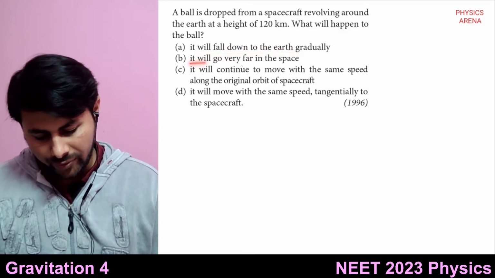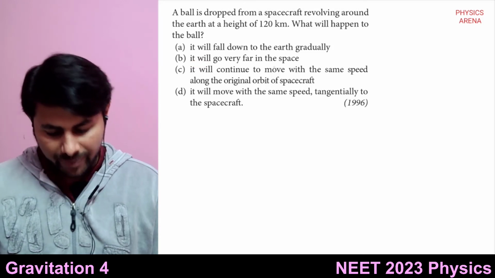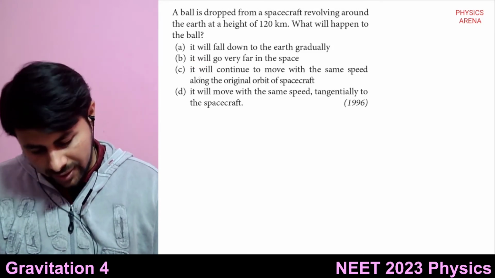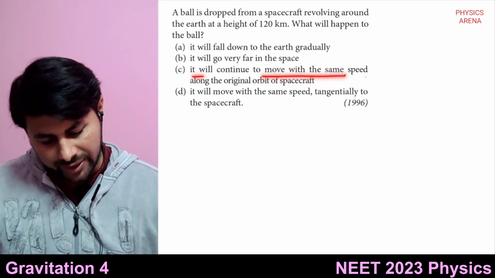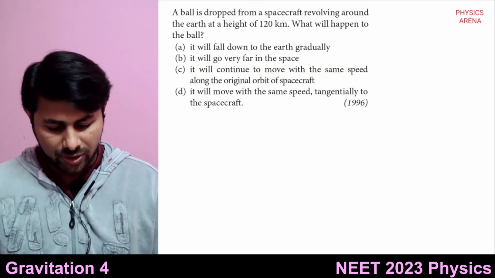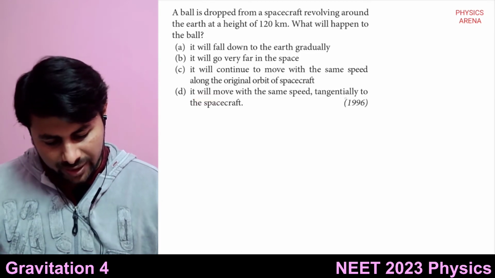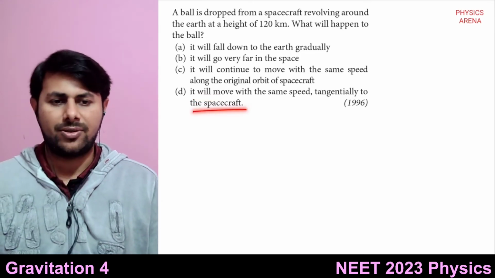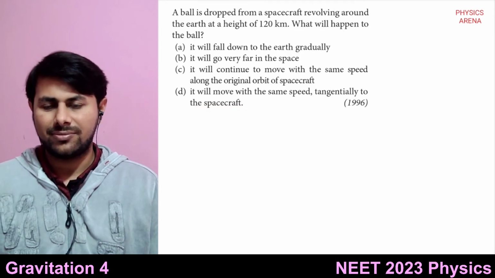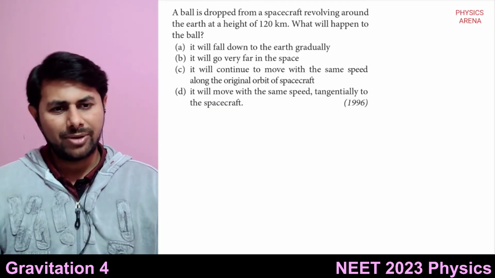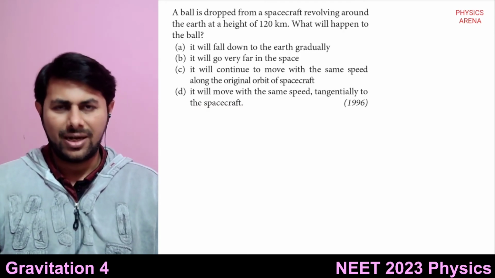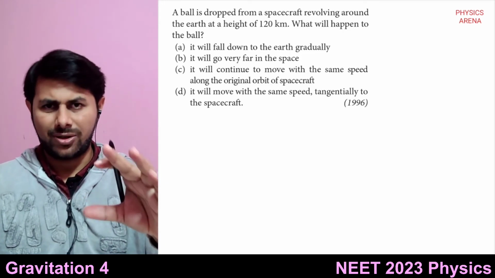It will go very far in space. It will continue to move with the same speed along the original orbit of the spacecraft. It will move with the same speed tangentially to the spacecraft. Tell me, ball and spacecraft both have the same speed, right? And you are just releasing that ball.